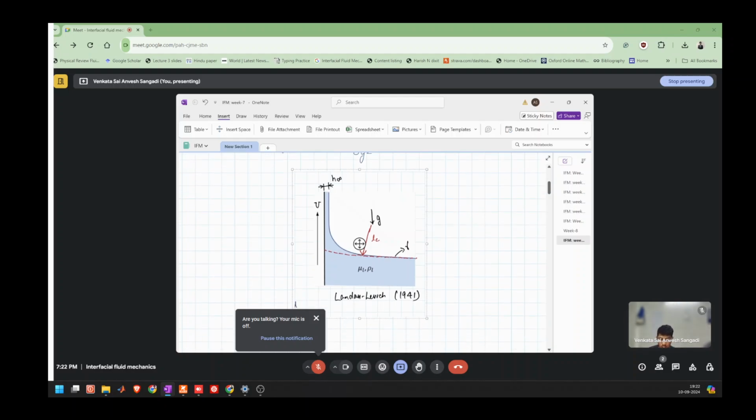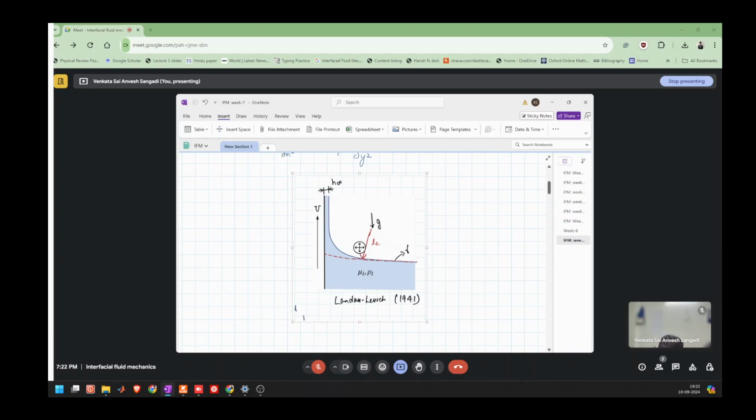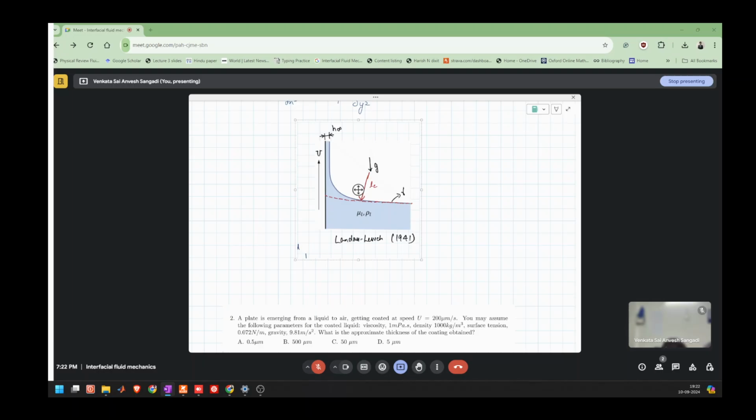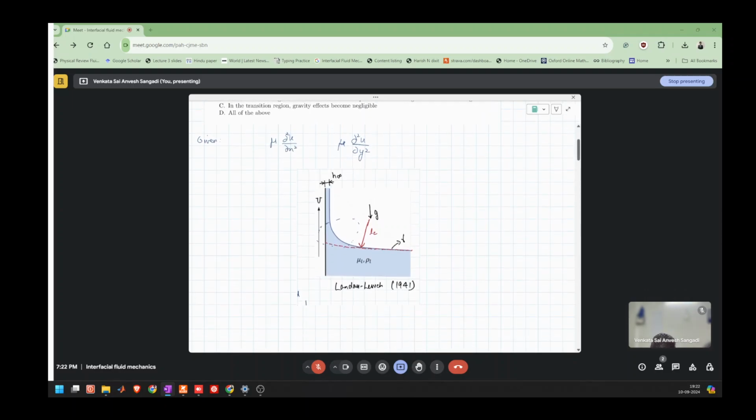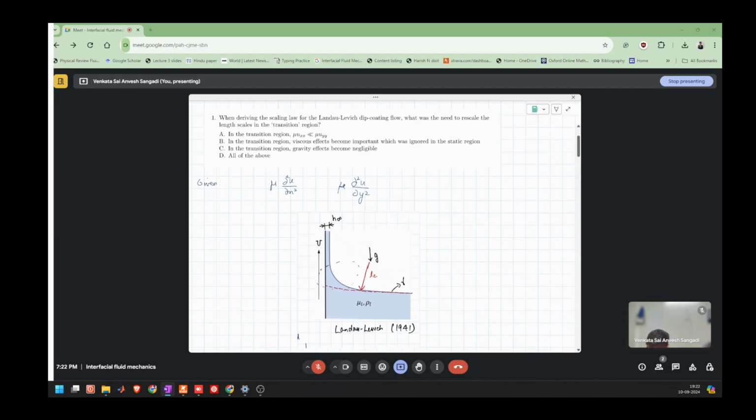This is the transition region, and the red dotted line is the static meniscus. So from being a static meniscus to the dynamic case of getting wetted, we transition from a gravity driven flow to a viscous driven flow. So gravity driven static situation to a viscous driven dynamic situation. So option C is correct.